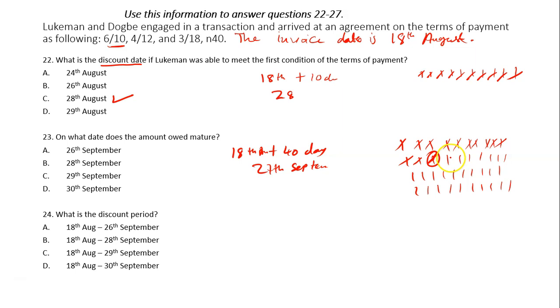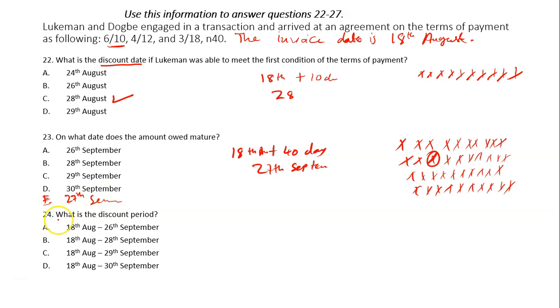So we enter September. 1st September, 2nd, 3rd, up to 27. So the answer is not in the possible answers. So the answer is E, 27 September. So the correct answer for question 23 is E, 27. Make sure you write the answer on the question paper before you shade it. The reason is sometimes they will ask you to submit the question papers too.